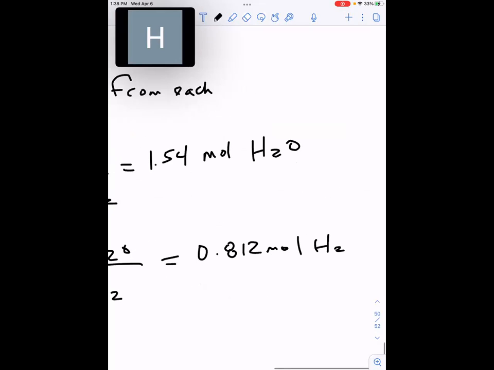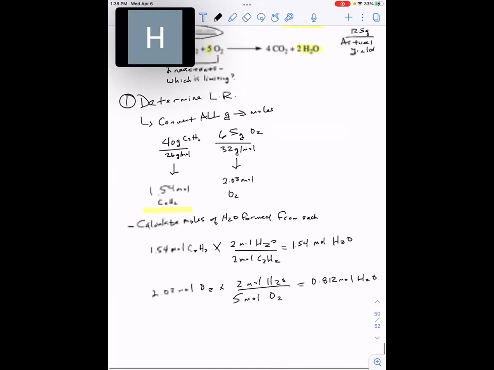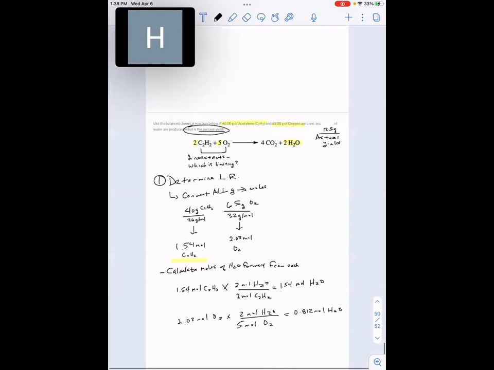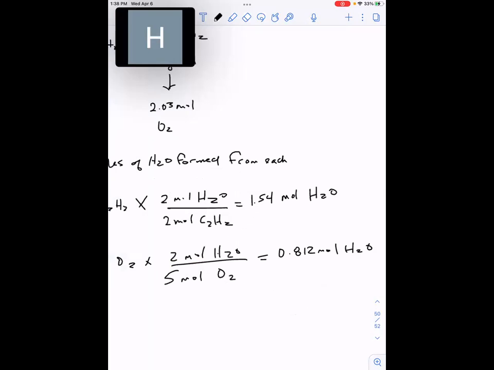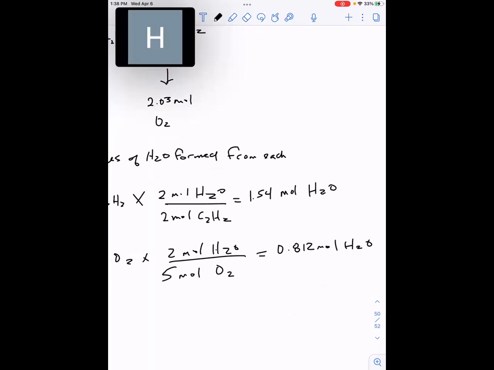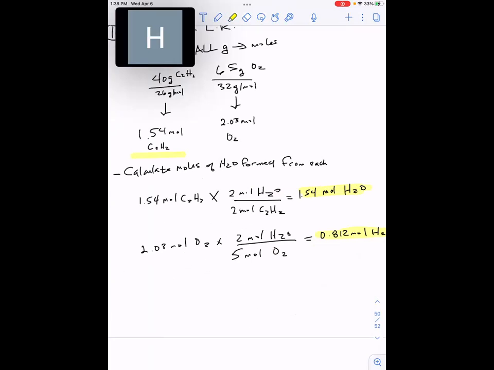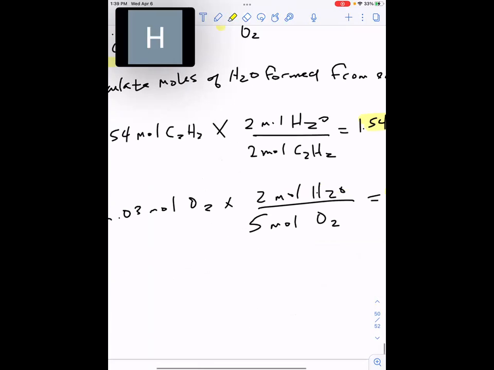So based on the coefficients, again, had we assumed that acetylene was limiting because of the 2, we would have been wrong, right? Because you see right here that acetylene gives me almost double the amount of water that oxygen does. So in this case, oxygen is my limiting reagent.